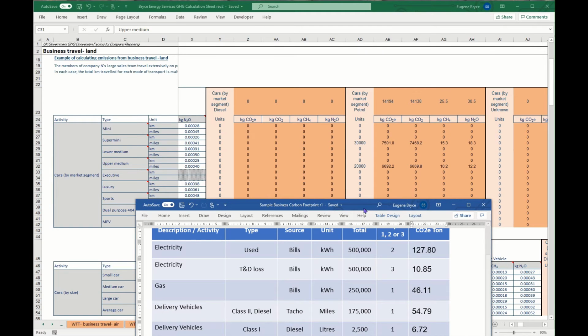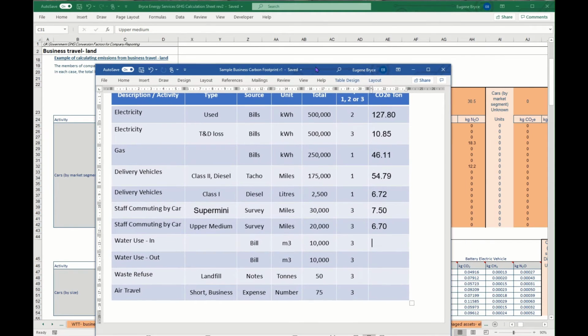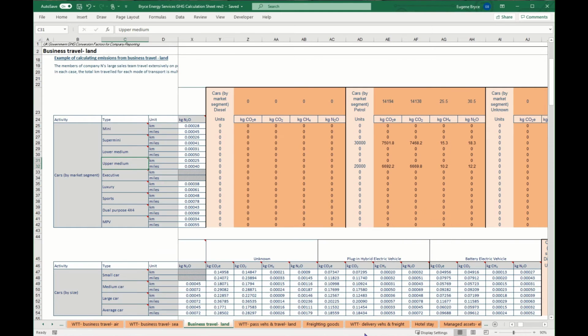Next one. Water use in, water use out, 10,000 cubic meters. A lot of businesses, again, water is an important contributor. Also water saving, all businesses should be really thinking about it, because water will become the commodity of the future. So let me see if I can find water supply and water treatment here.